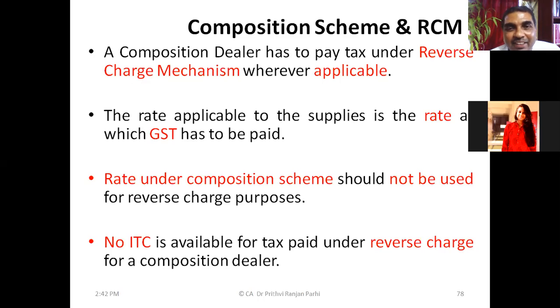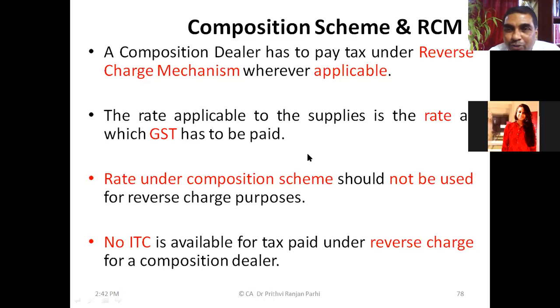No, sir. ITC is not possible for the composition dealer. Right. But this may be eligible for ITC for the supplier, because this is a deposit on behalf of the supplier. Supplier may be eligible to avail that. But it is not a GST for the composition dealer. Accordingly, he cannot avail ITC on this.